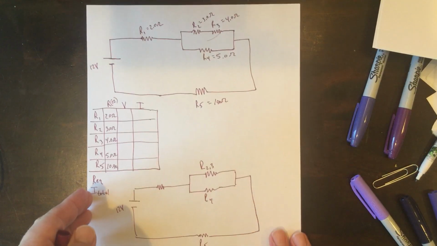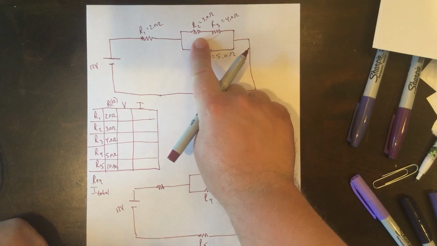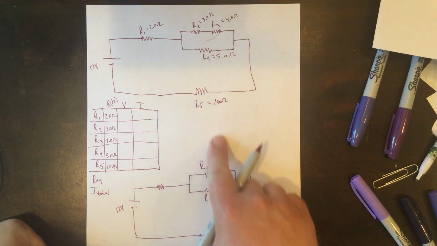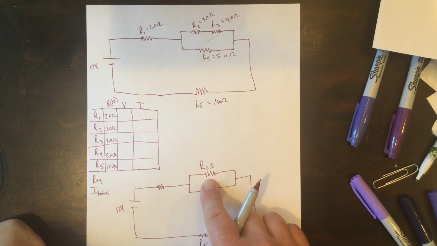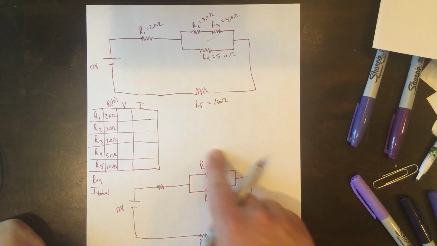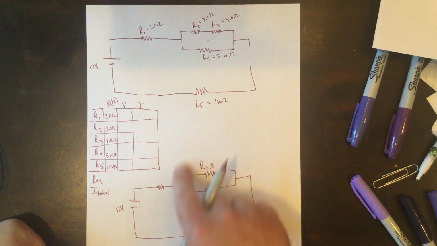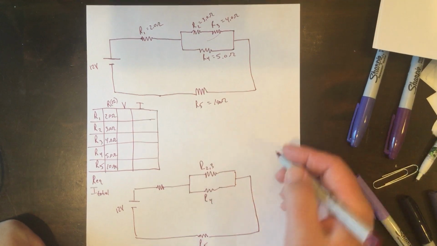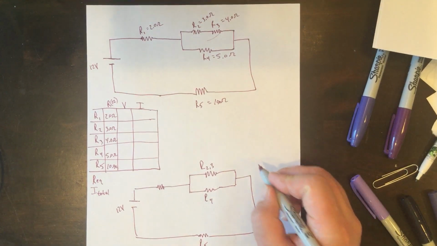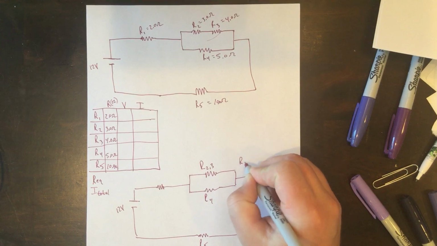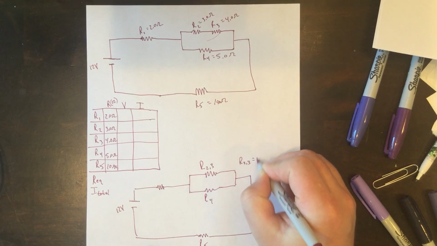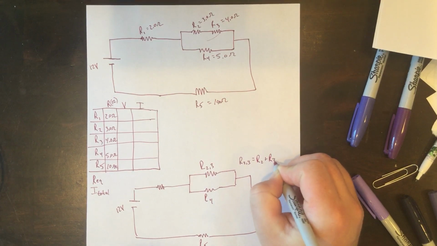So I took R2 and R3, which were in series, and made them into one. I can't tell if I'm ever on the actual screen. So I took these two and turned them into one, R23. Now how would we find the total resistance, the equivalent resistance of this, okay? Well, it's not too bad. R23 is just going to be R2 plus R3.